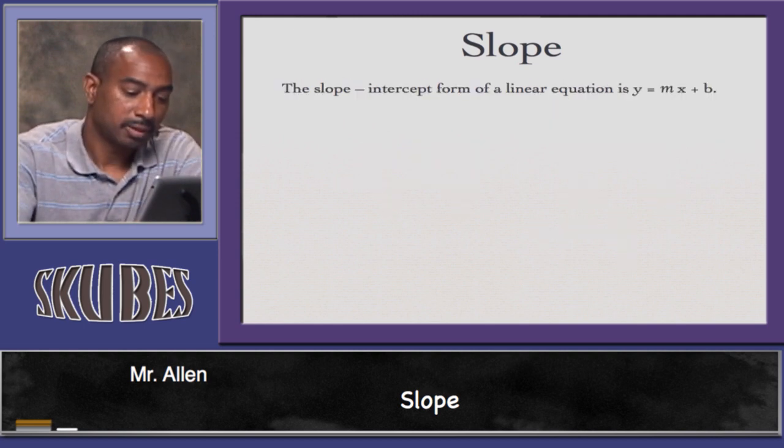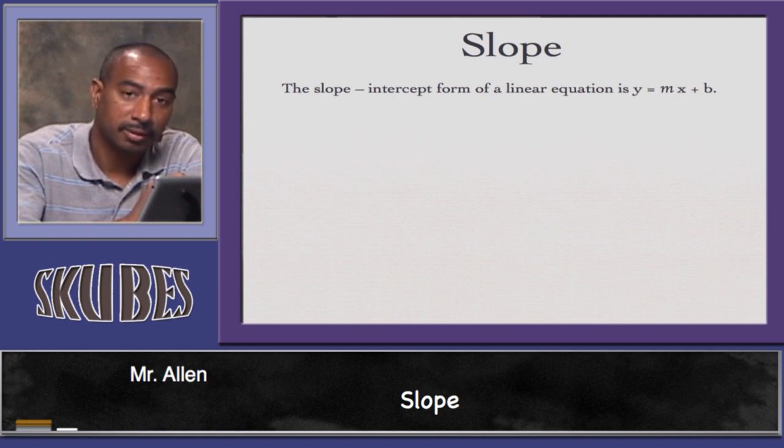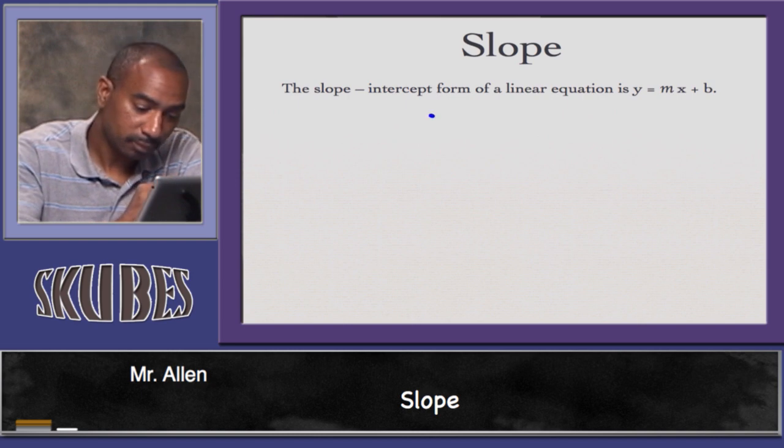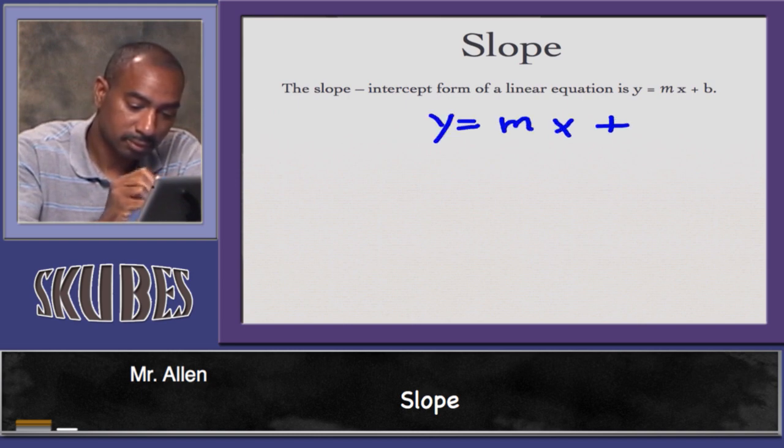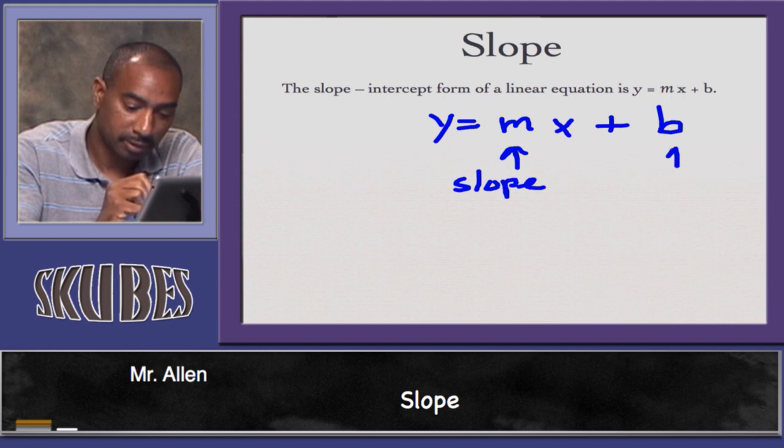The slope-intercept form of a linear equation is y equals mx plus b. And this is very useful for a lot of reasons. This tells me the slope, and this tells me the y-intercept.